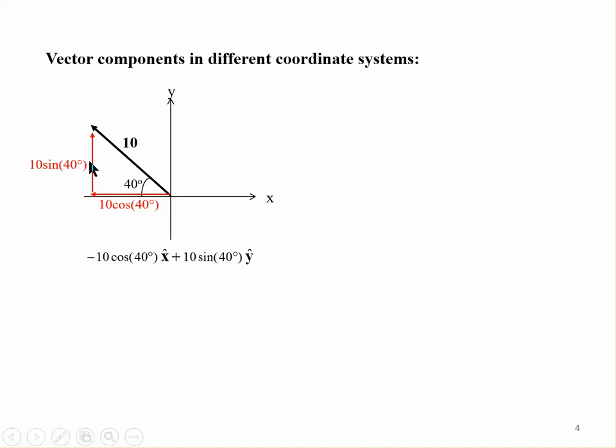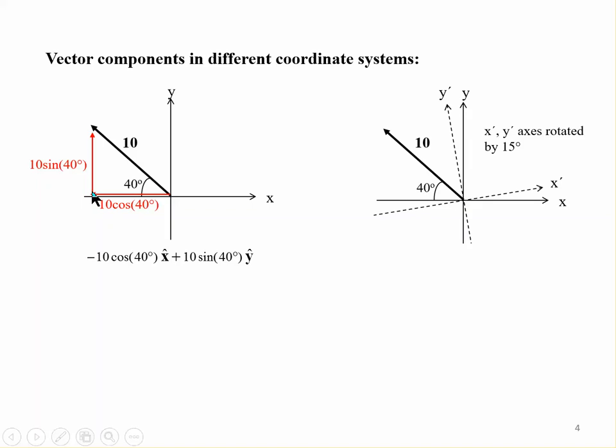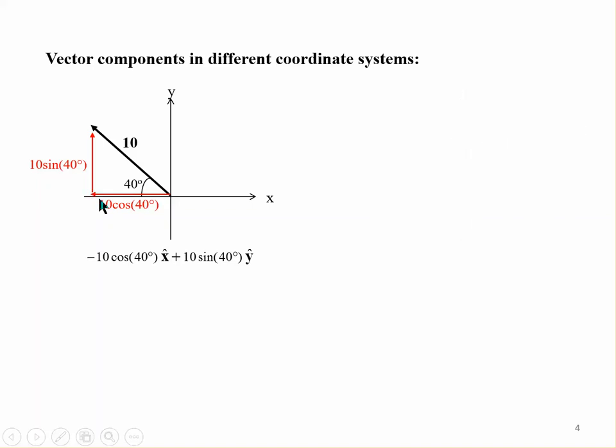so I always put a positive number here or here to note the magnitude of a vector. But now, when I'm writing this original black vector in terms of its xy components, notice that I put a minus sign here. That's because this black vector, how do I form it? I walk 10 cosine 40 in the negative x-hat direction. Remember, x-hat is a unit vector that points along the x-axis, so it points to the right here.